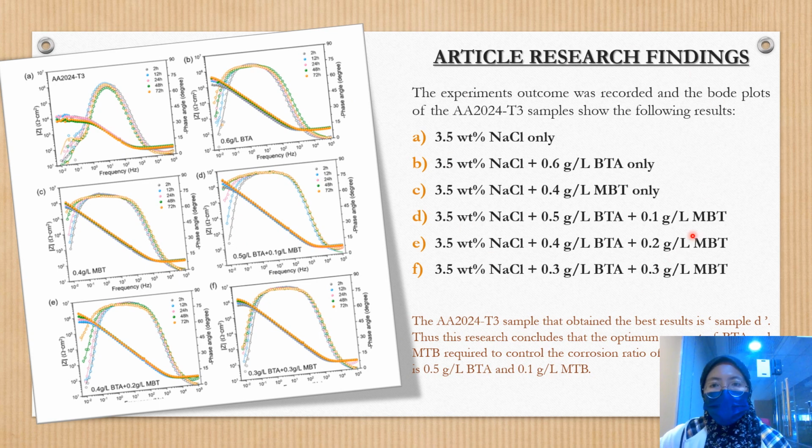Over here we can see the article's findings from the picture I've shown previously. For A, this is the graph shown. This is for B, C, D, E, and F. As you can see from the collective graphs shown, D actually yields the best results, because we can see here from the phase stage, it's actually the highest as compared to the rest.